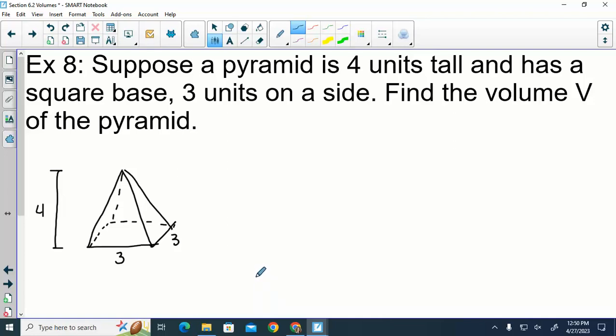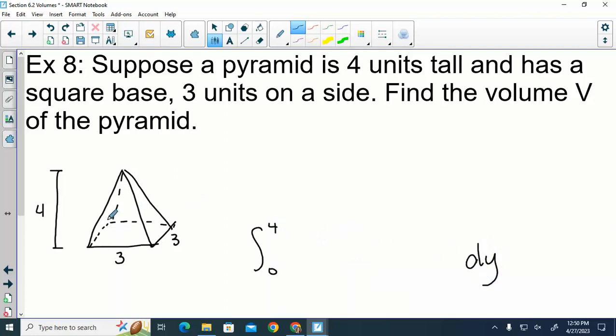Okay, so if we were going to integrate, is this like a vertical or a horizontal type thing? A vertical, right? So where do you think, if we're doing it vertical, we have to have y values. What's the lowest y value, do you think? And the highest would be 4, because that was the height. And it would be a dy.